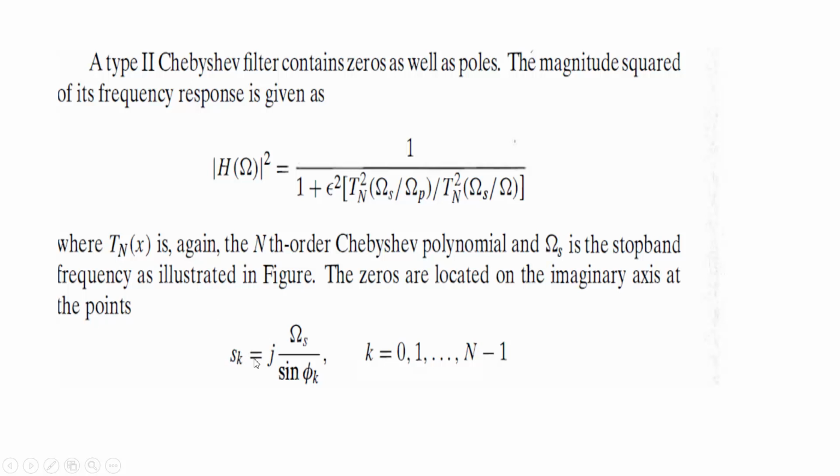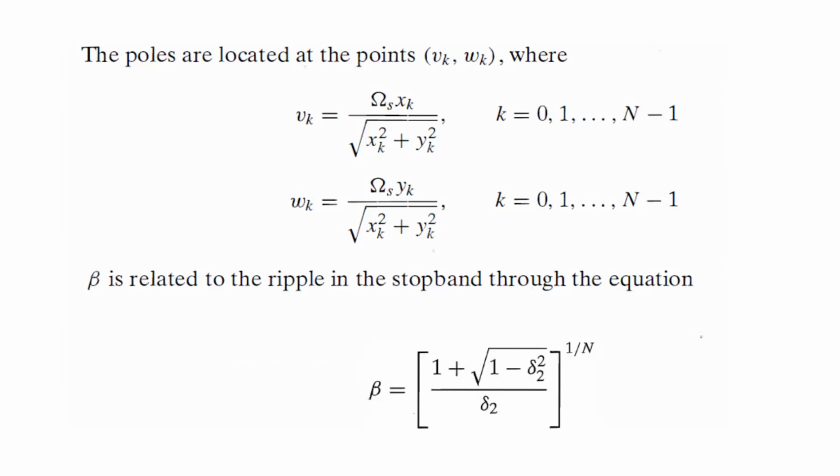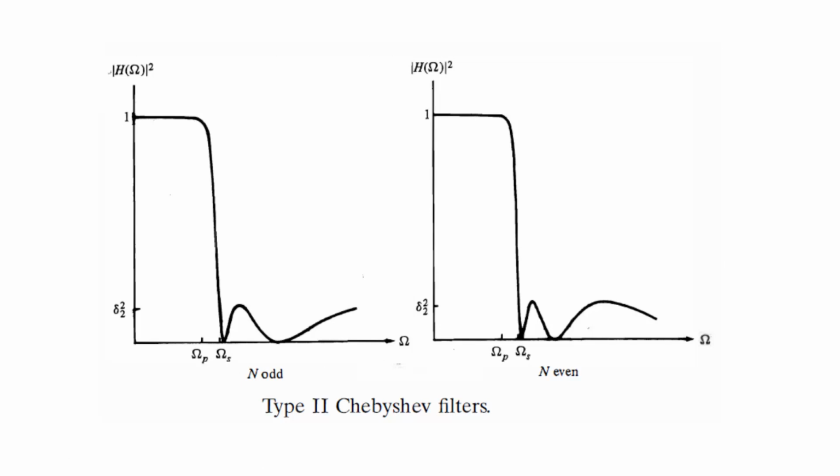The points are given by j times omega_s divided by sin(phi_k), where k varies from 0 to n minus 1, and phi_k we have already seen for the case of Butterworth filter design, the angular position of the poles in the Butterworth case. The same will be used for getting the zeros for the type 2 Chebyshev filter. Now, this is the response of the Chebyshev filter for the case of n odd or n even. Clear?